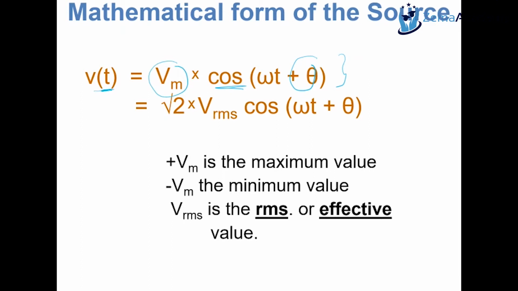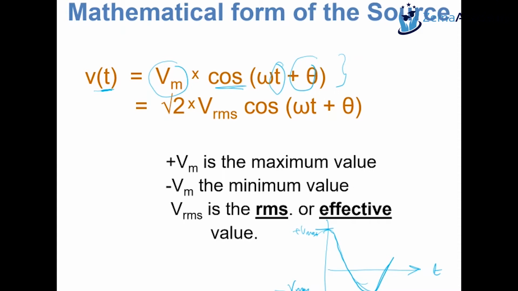And then the t indicates that the whole thing is a function of time. So as time varies, which is on the x-axis, the waveform can take different values. And there will also be a plus Vmax and a minus Vmax. That's not a perfect waveform, but yep.